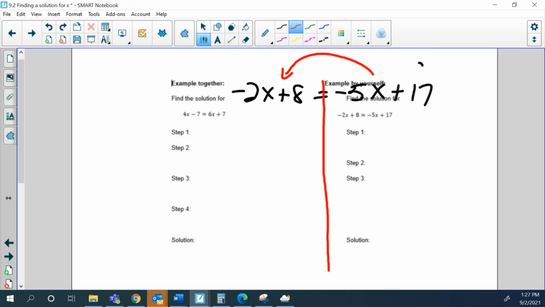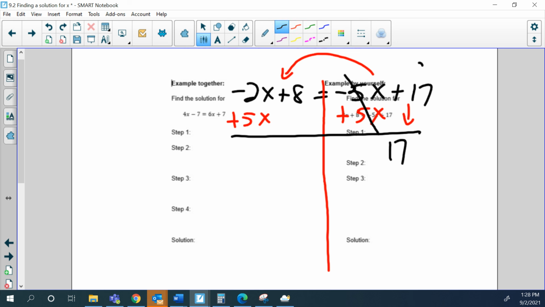So to perform the opposite operation, I'm going to add a plus 5x and also a plus 5x on the other side. I draw my line. This goes away. Negative 5 plus 5 becomes 0. And then I'm going to bring down my 17.